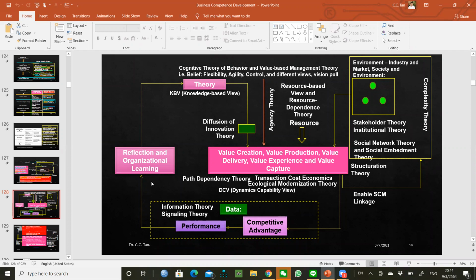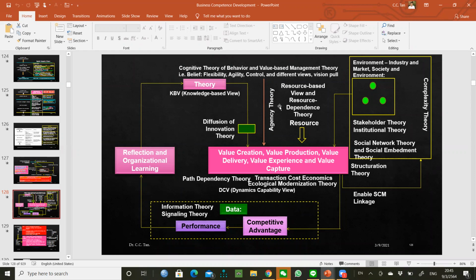And a lot of theories are involved in organizational learning. We have single loop learning, double loop learning, triple loop learning, and so many different types of intuitive learning, things like that. And then plus knowledge management. From there, you can generate a lot of theories back and forth in a cycle, right?